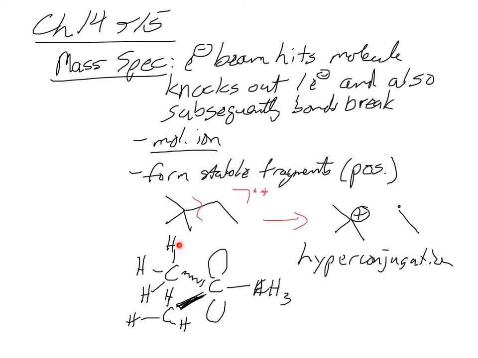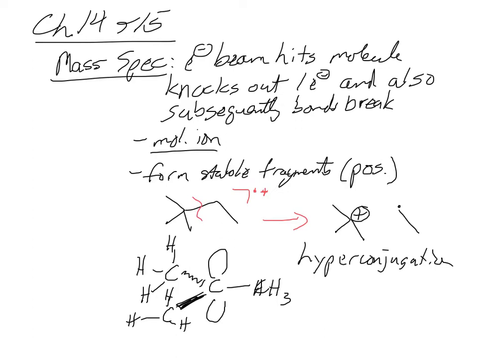That's where these electrons in these bonds that are two bonds away from the positively charged carbocation can help stabilize this empty orbital. These electrons in the sigma bonds can stabilize the empty p orbital. And the more sigma bonds you have two bonds away, the better.